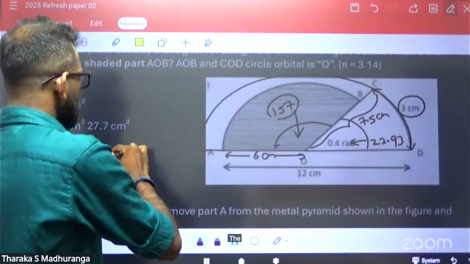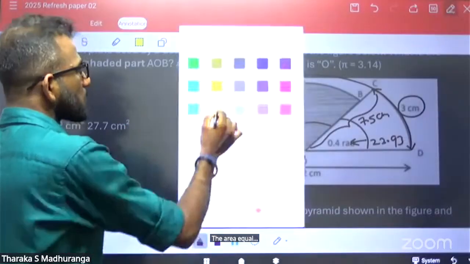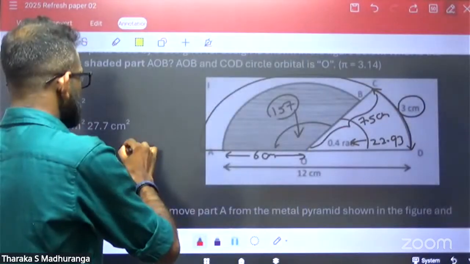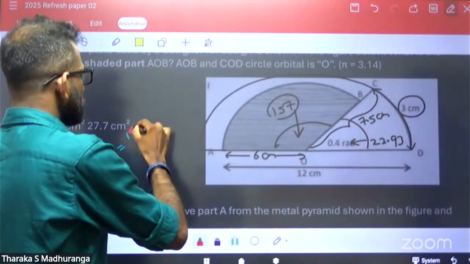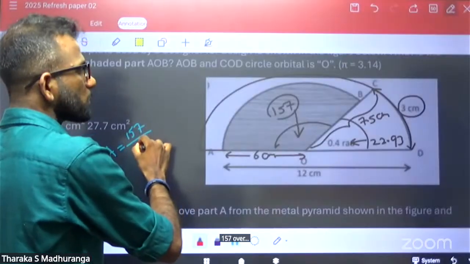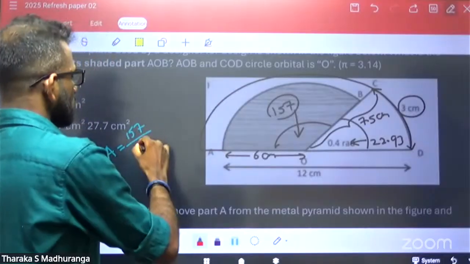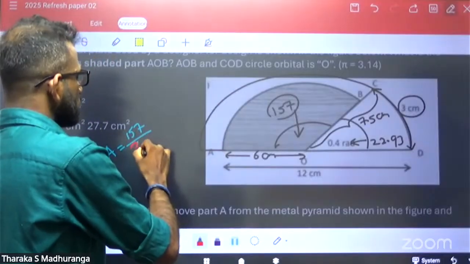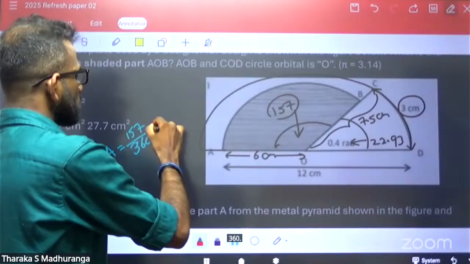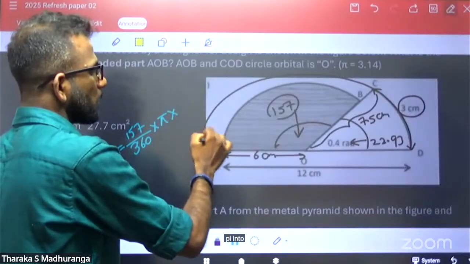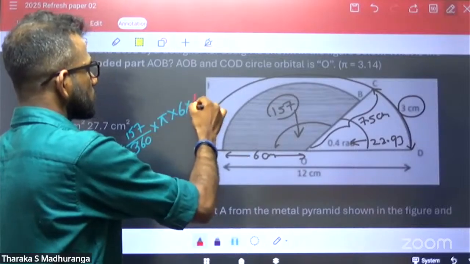The area equals 157 over 360, times pi, times 6 into 6.